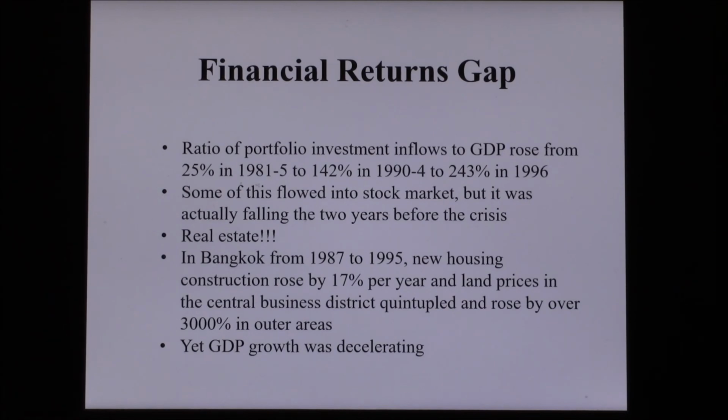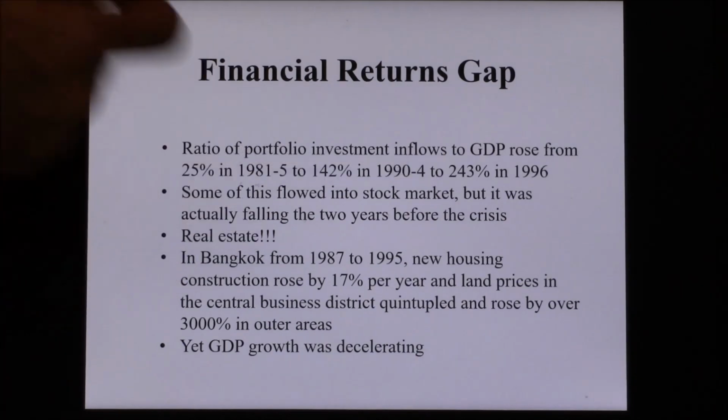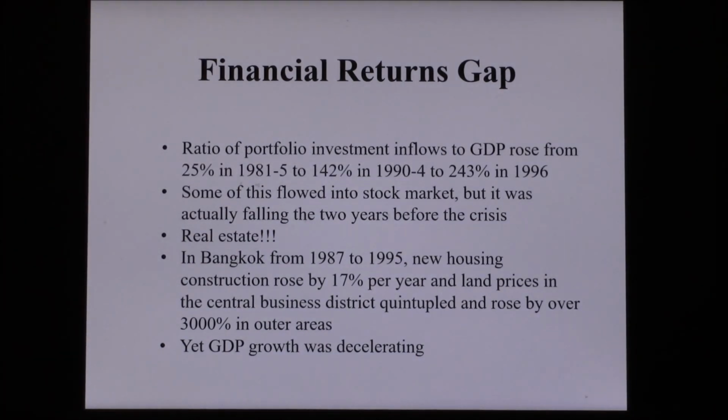So whatever the size of Thai GDP was, and remember, it was the fastest growing economy in the world in 96, it was getting 2.4 times as much money coming in just to buy financial investments in Thailand. So that's what that 243% means, that relative to GDP, there was 2.43 times as much money coming in just to buy stocks and bonds.